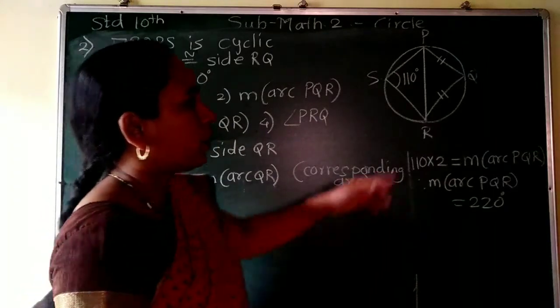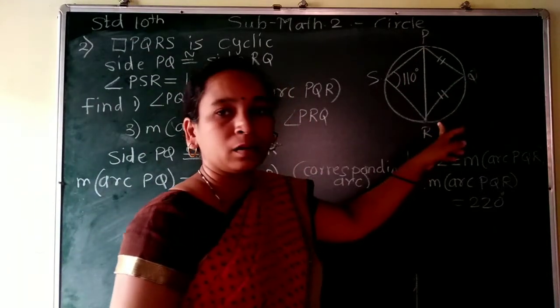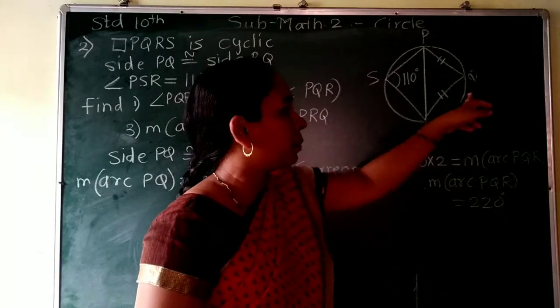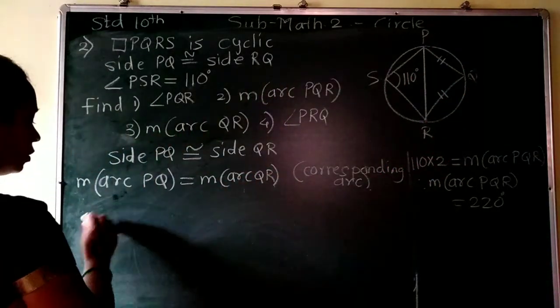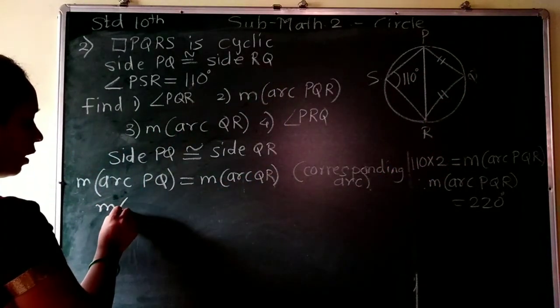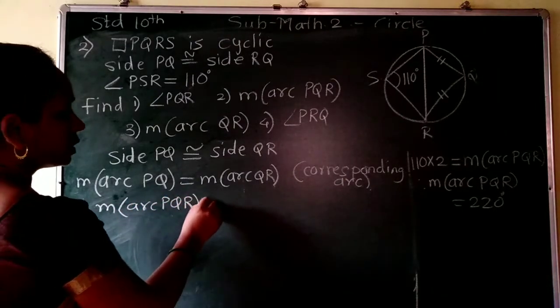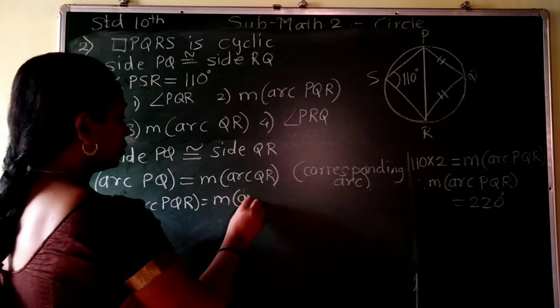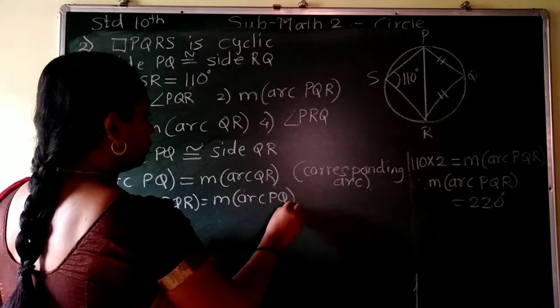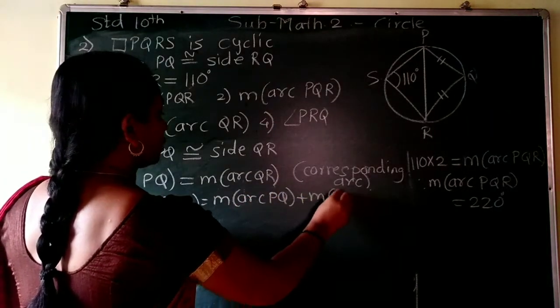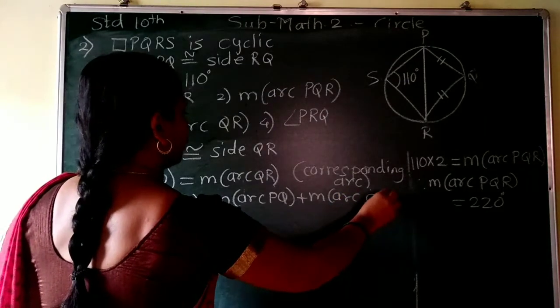Now we will go to arc PQR, which is formed by PQ plus QR. So here the measurement of arc PQR is equal to the measure of arc PQ plus the measurement of arc QR.